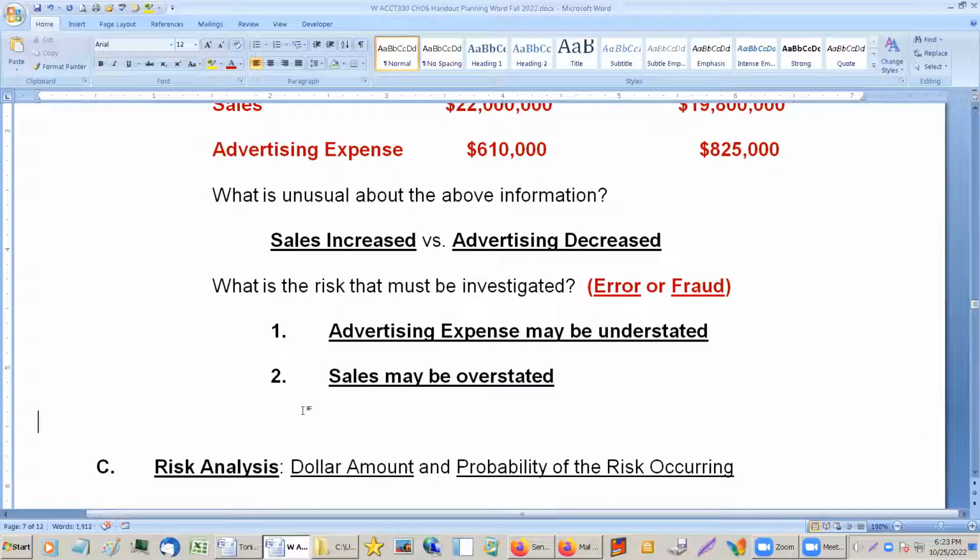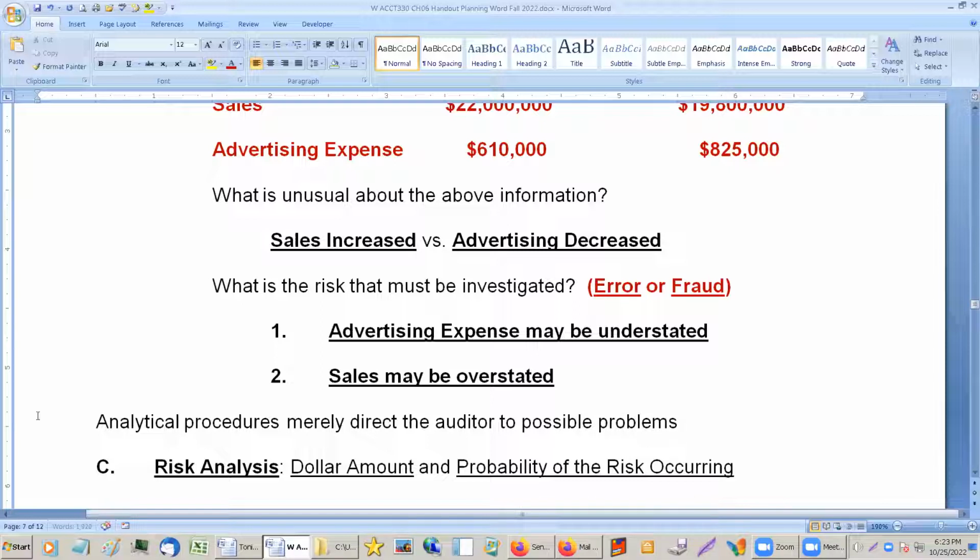Well, here's the thing about analytical procedures. Analytical procedures merely direct the auditor to possible problems.